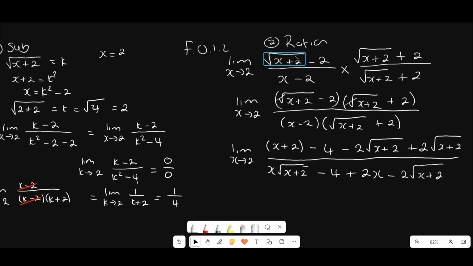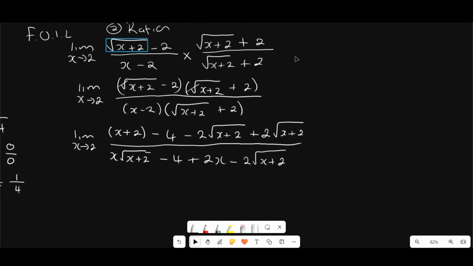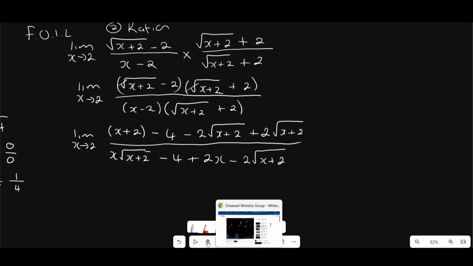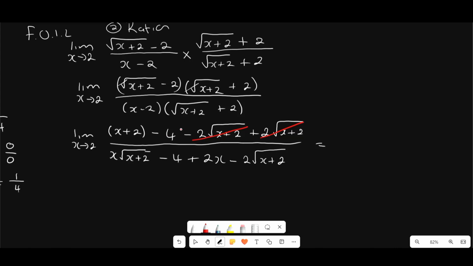Okay, so yeah, this one is a lot of factorization. Here you can see that these two are like terms. This one is negative, this one is positive, that means these two will cancel, right? And here I have x plus 2 minus 4, that means 2 minus 4, that's negative 2, right?